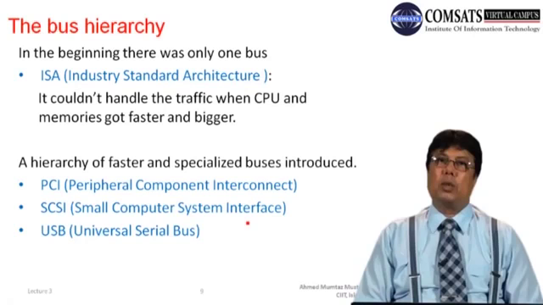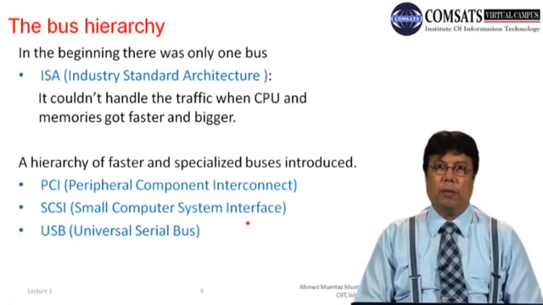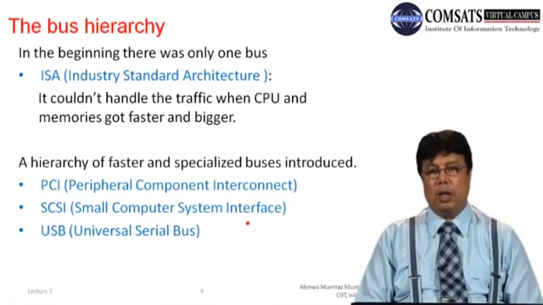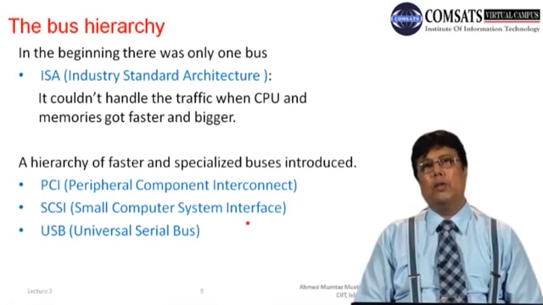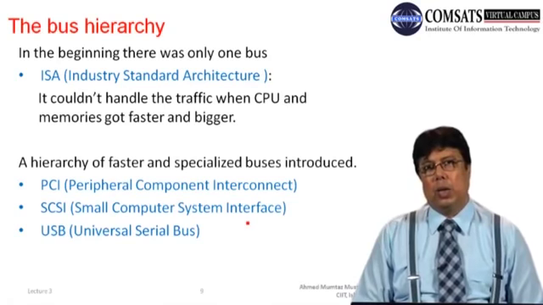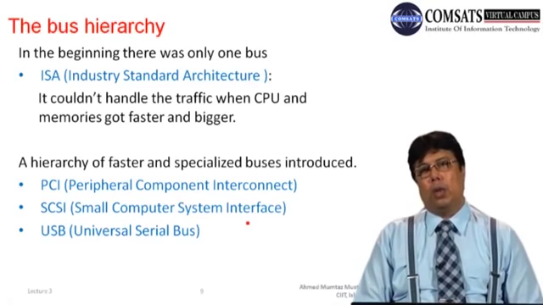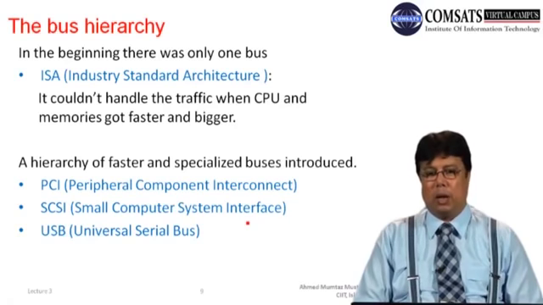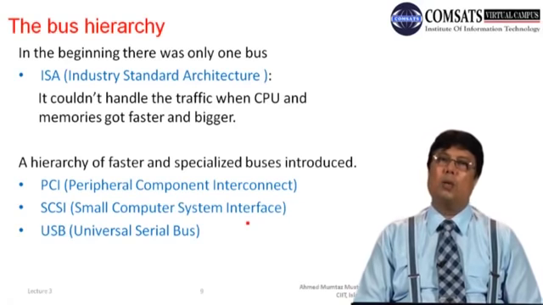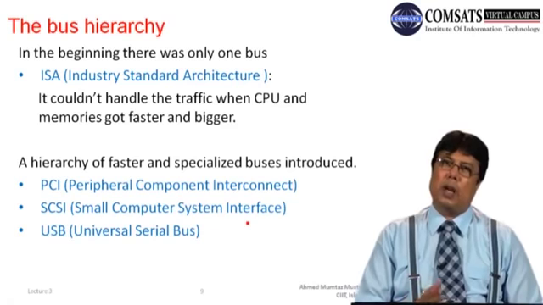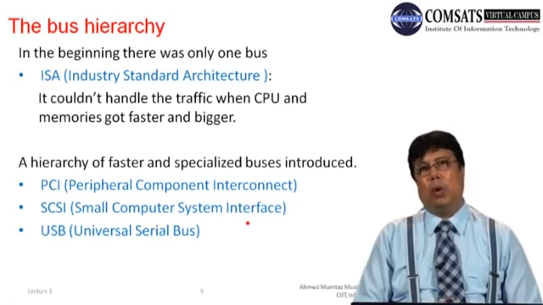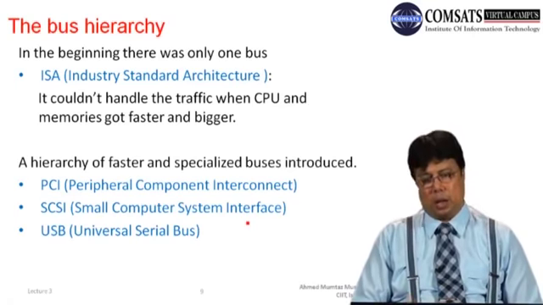In the beginning, there was only one bus, which is called ISA, Industrial Standard Architecture. Again, it was invented in the beginning, so that's why it was not capable of handling the traffic of modern technology. With time, devices became faster and faster, and the CPU also became faster and faster.